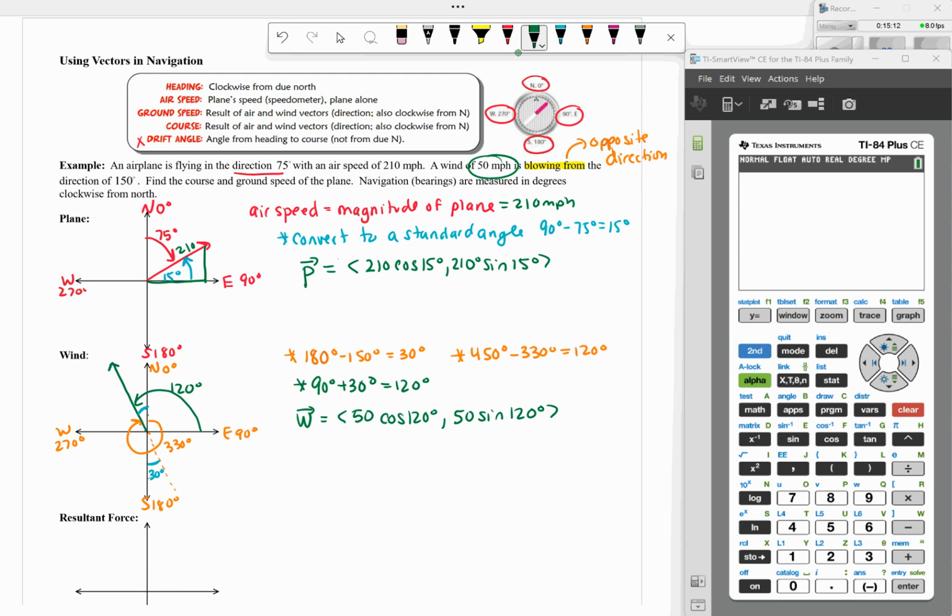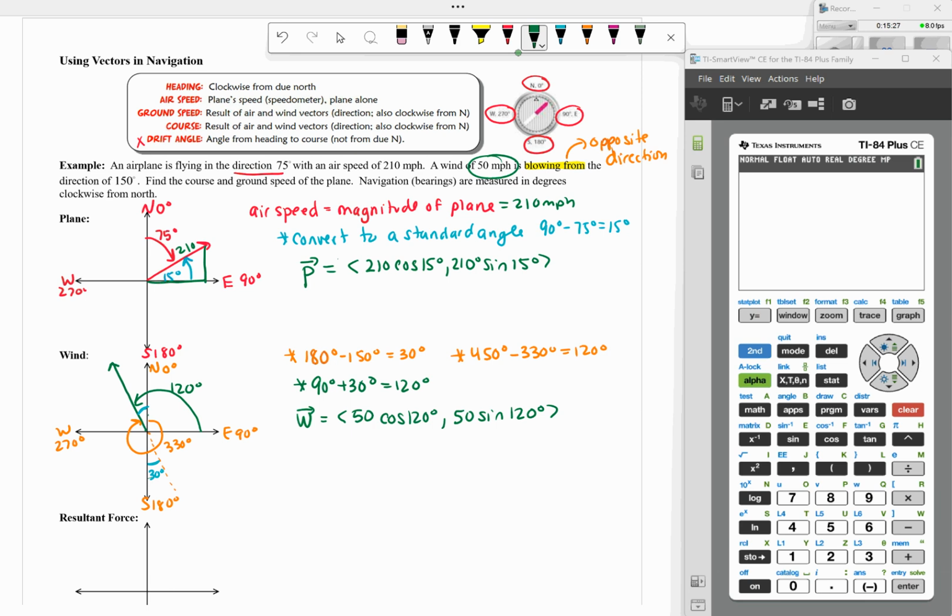And then the next part, we want to find the course and the ground speed. So the course is going to be the direction of which you're going, and then the ground speed is going to be the magnitude.